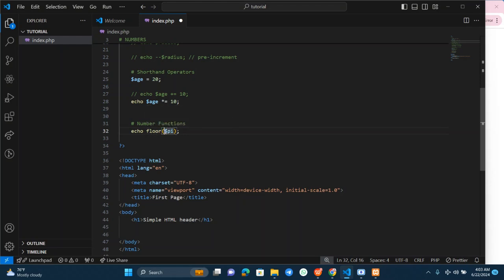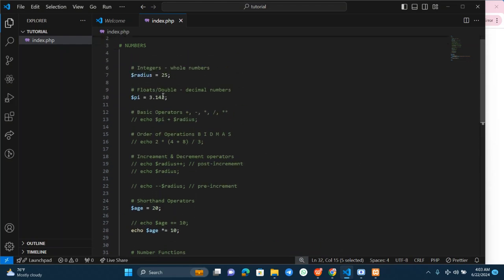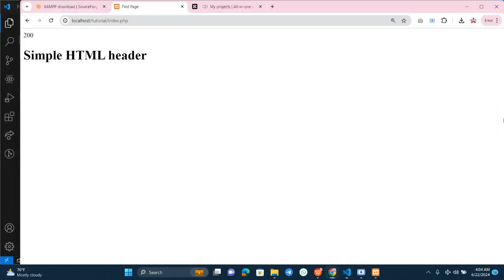Let me save. So flooring it, we round the value for pi to the nearest whole number. Since it's 3.142, this one cannot be rounded up because it is not up to 5. That's the reason why you still have 3 in your output.